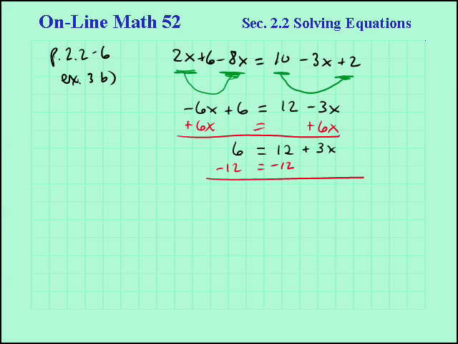And I'm going to combine what we have here. 6 and negative 12 is a negative 6 equals, the 12s become 0, and we're left with 3x. Divide each side by the coefficient 3. Not its opposite, but exactly 3. And this time we'll get negative 2 equals x. X equals negative 2. Remember how I was going to turn that around.